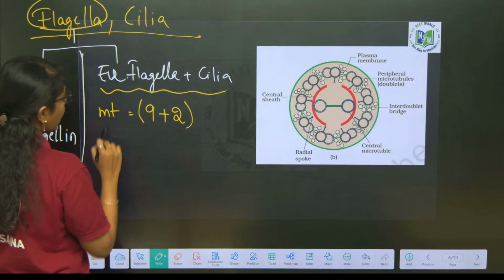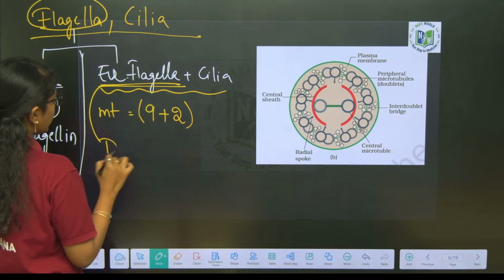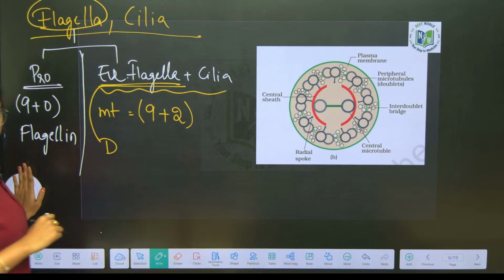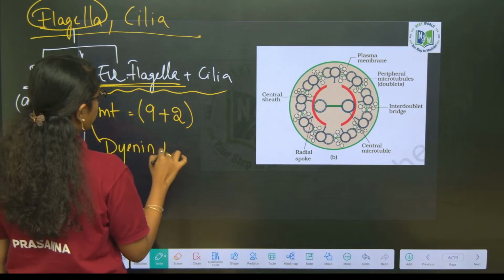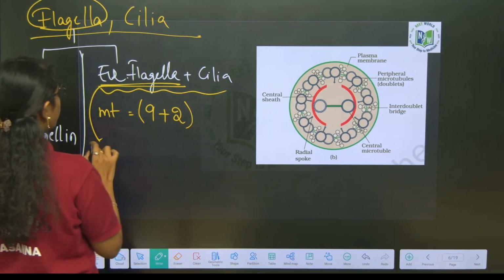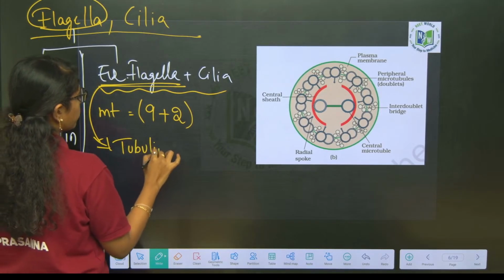And then flagella is having what protein, beta here? It has dynein protein, not flagellin. Okay? It has dynein. Sorry, it has tubulin protein. It has tubulin protein.